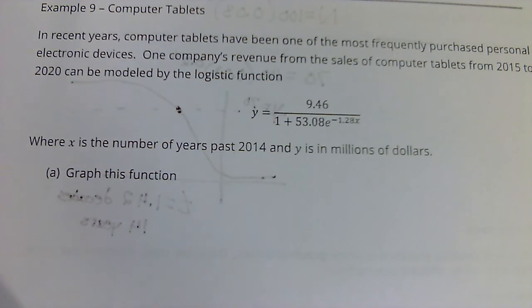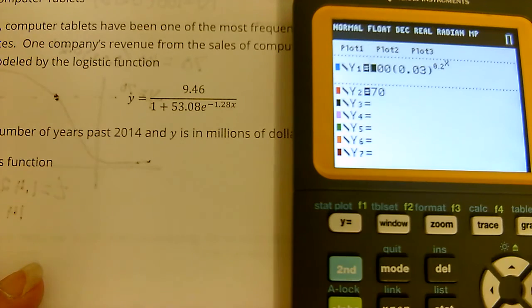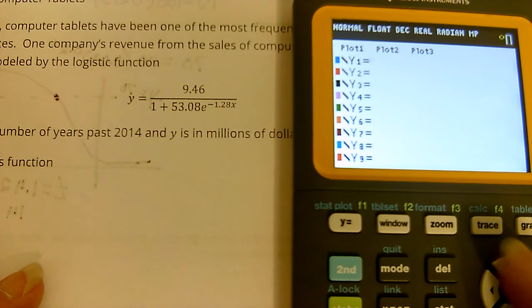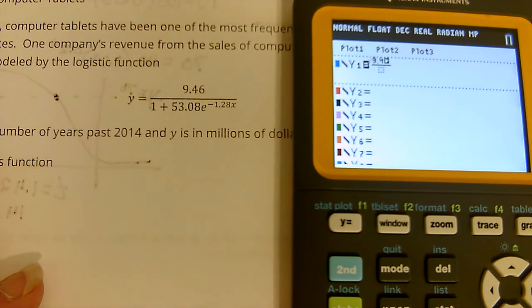So we're given this one, and it's talking about computer tablets being purchased more frequently than personal computers. And the revenue from computer tablets is modeled by this function. So let's put it in the calculator. Clear out everything else. Alpha y equals gives us a fraction.